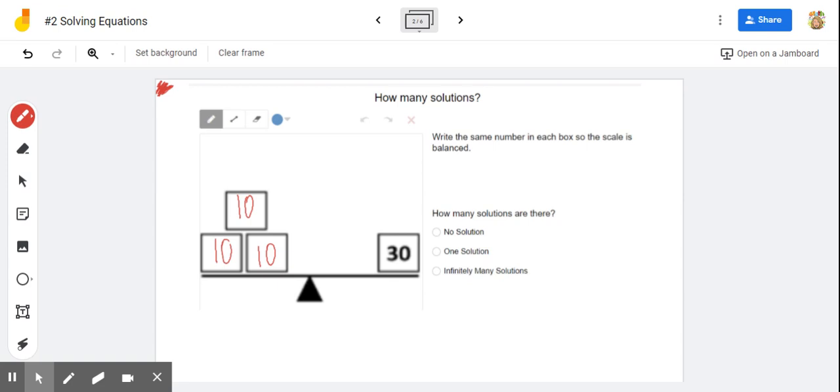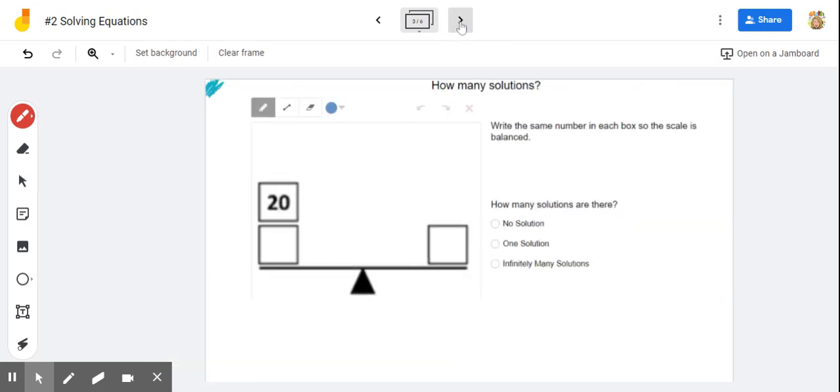Is there any other number that I could have put in those boxes? Remember, they have to be the exact same number in every box. Is there any other number that would make that balance? The answer is no. This one has one very specific solution. 10 is my solution in this case. Only 10 would work to make that balanced.